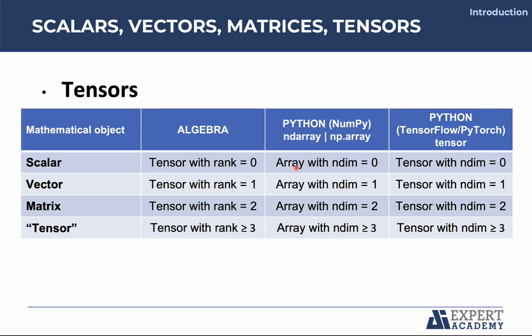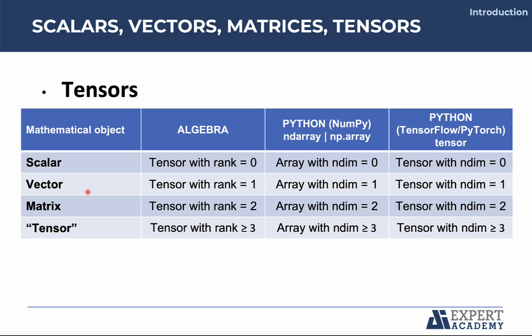In NumPy, it is an array with number of dimensions equals to 0. And in PyTorch or TensorFlow, it is a tensor with number of dimensions equals to 0.